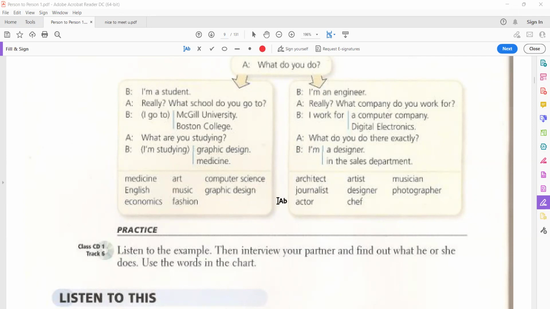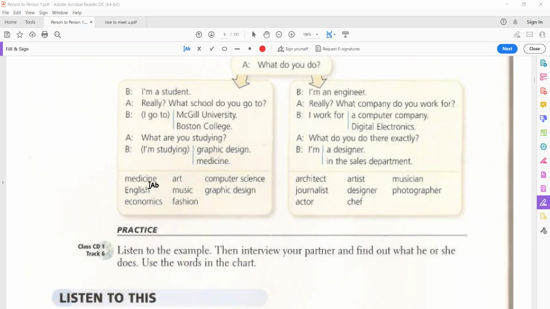Now here we have some words down in these boxes. On the left side, we have names of study fields. And on the right here, we have some kinds of professions.